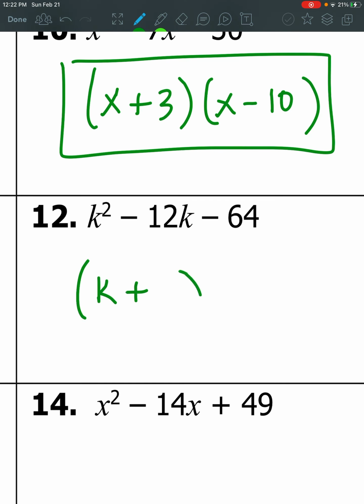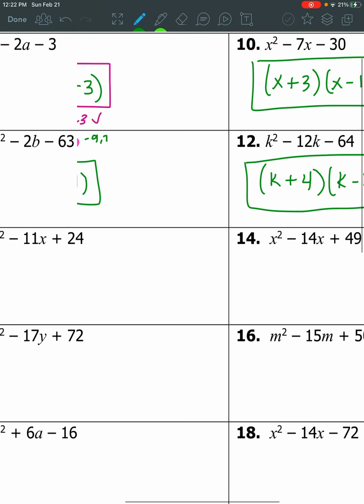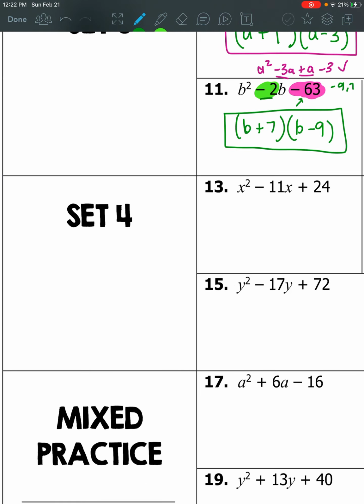And number 12, k plus, k minus, has to multiply to negative 64. So we have 16 and 4, and then the bigger factor, 16, has to be negative, so that those add to negative 12. You really get some practice with your factors.